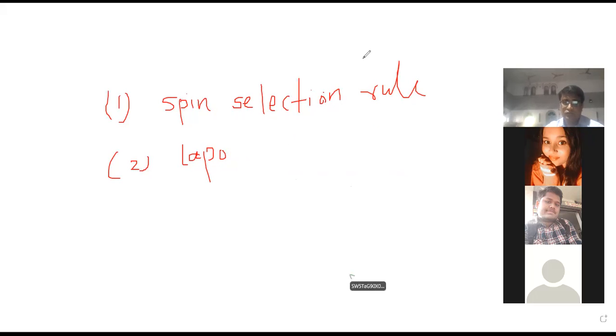According to the spin selection rule, the electronic transition between two energy states having the same spin multiplicity, or the same spin state, is an allowed transition.